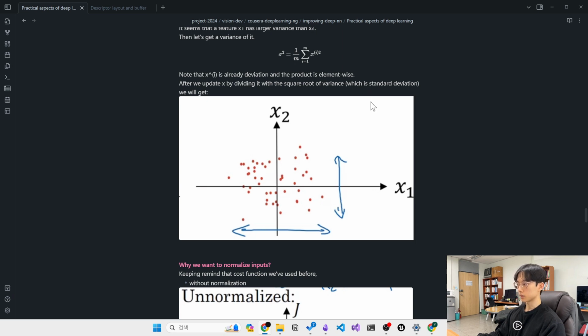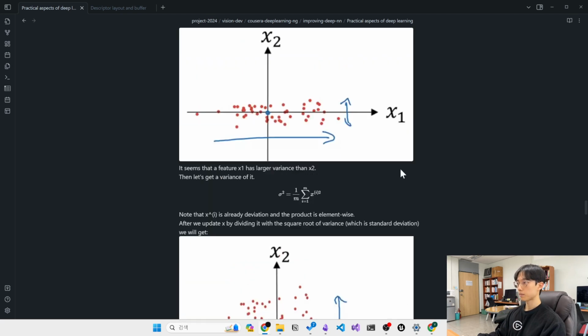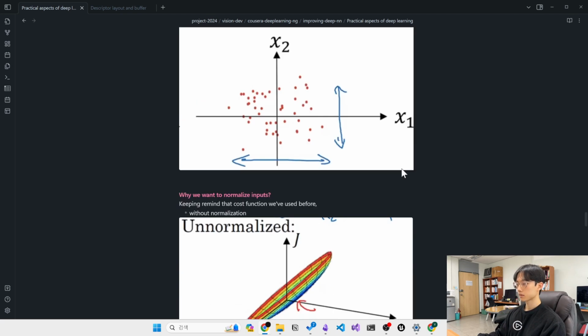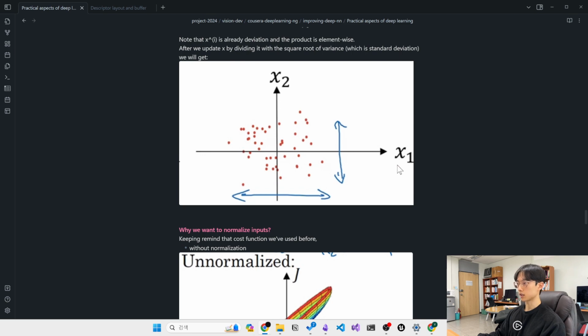And then after we update x by dividing it by the standard deviation, which is the square root of the variance, we can get normalized inputs here.